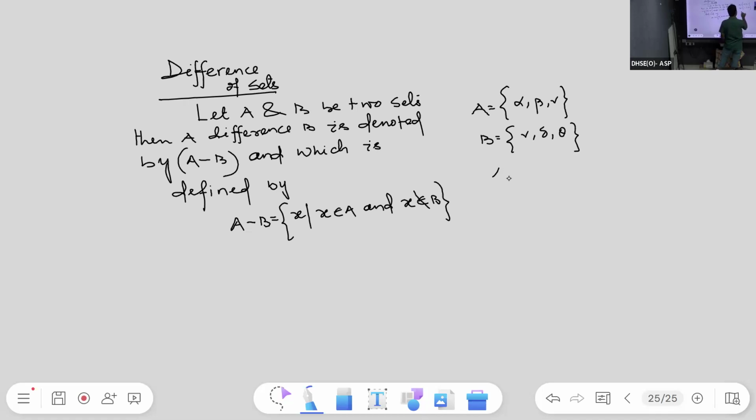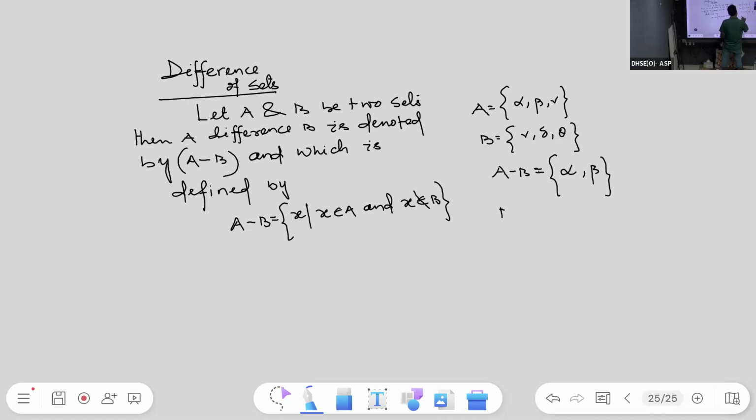Here, A difference B has the elements that belong to set A but don't belong to set B. Alpha belongs to A but not to B, so alpha is in A difference B. Beta belongs to A and not to B, so beta is also taken, not gamma, because gamma is present in both A and B.